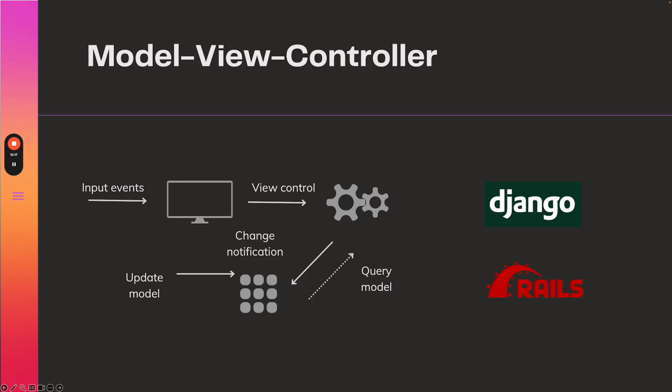This is really done to separate the internal representations of information from the ways that information is presented to and accepted from the user. It decouples components and allows efficient code reuse. This is the architecture that's used for many World Wide Web applications, and covers web frameworks such as Django and Rails.